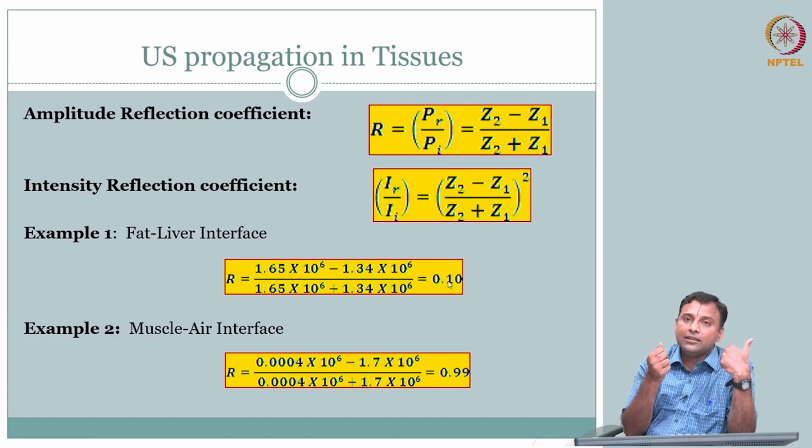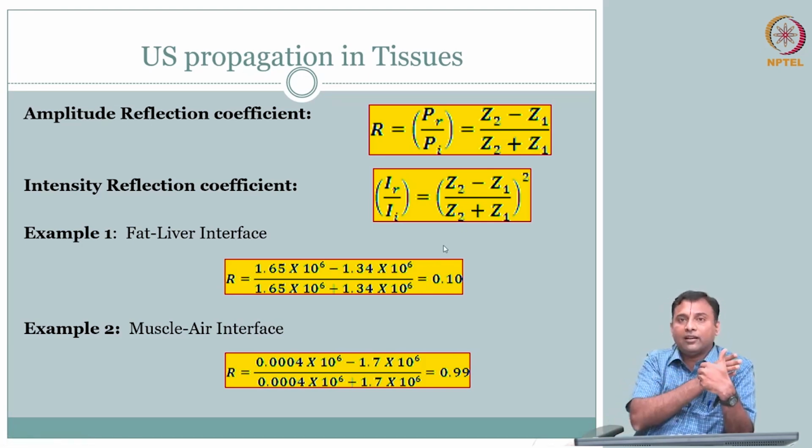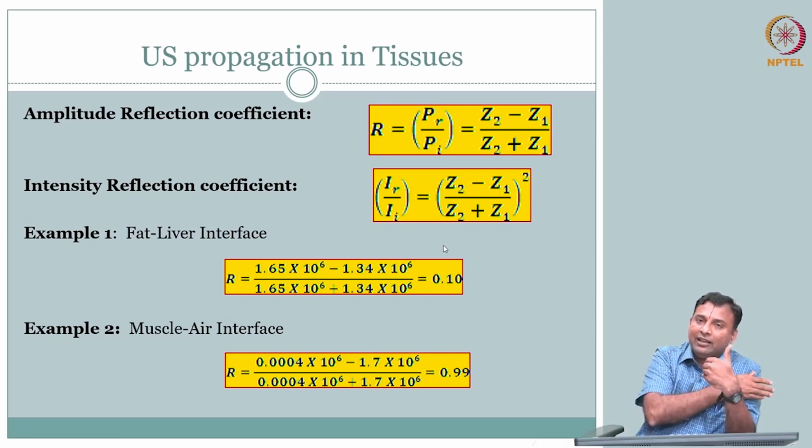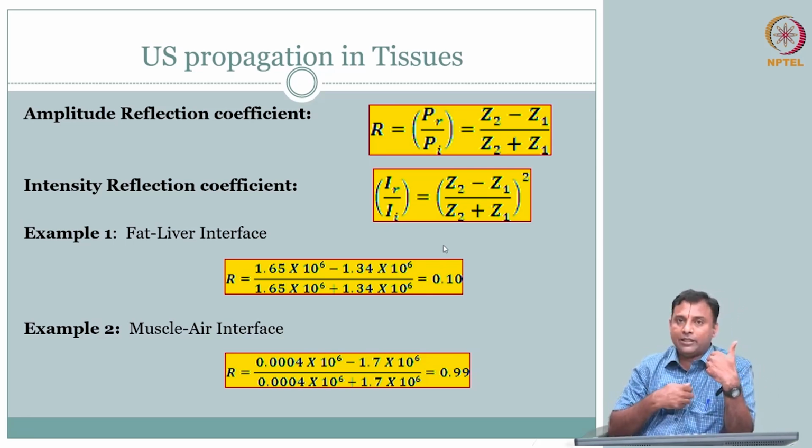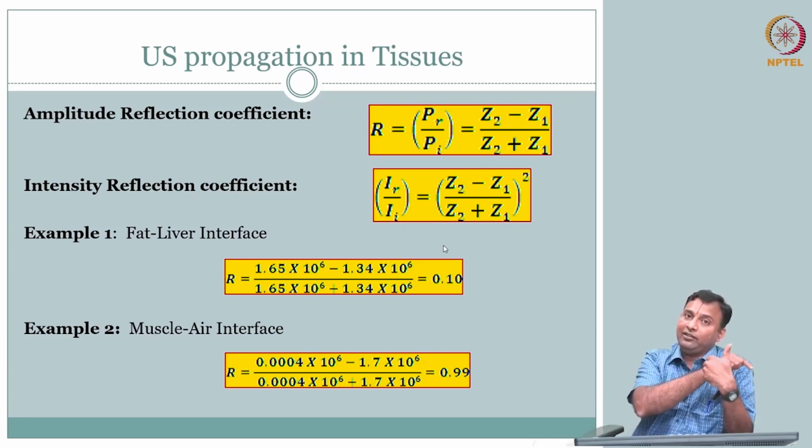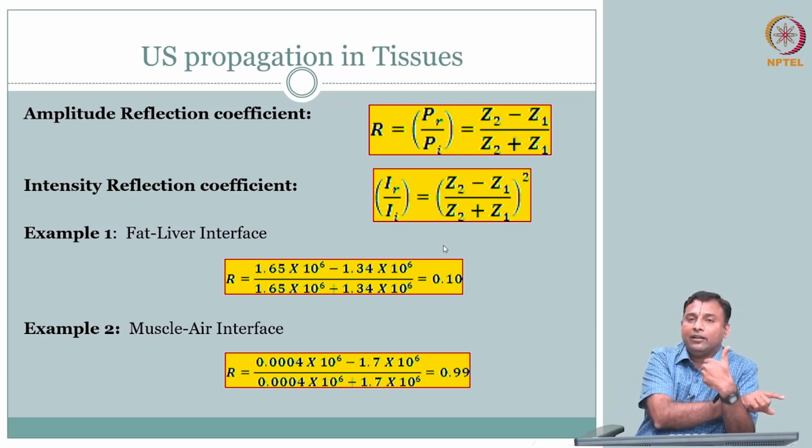The good side is, that means 90% of the amplitude is still there to go further. So I can come with the fat-liver interface, I will have enough pressure to actually go inside the liver and perhaps come out of the liver, and therefore when I am sitting outside, I can see through from fat to liver, and through the liver, and maybe liver to the surrounding muscle at the back side of it.